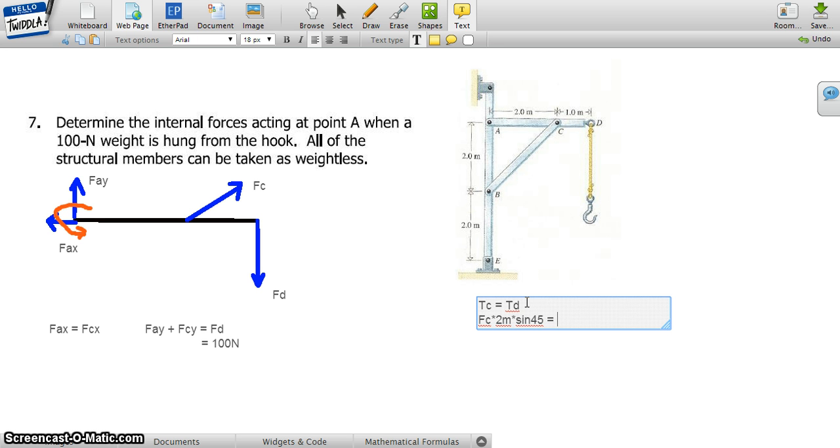And that must be equal to the 100 Newton force times the distance, which is 3 meters, times the sine of 90, which is 1. So I can solve for FC, and I get 212 newtons for FC.